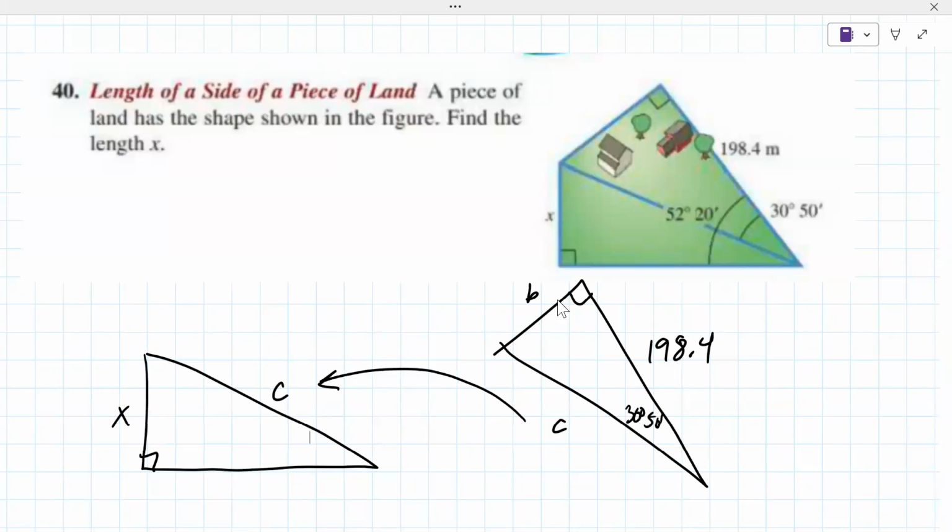So then we could do, how would you find that? Cosine. Yes.